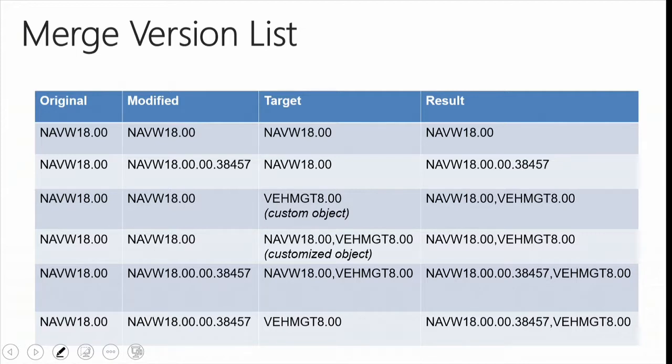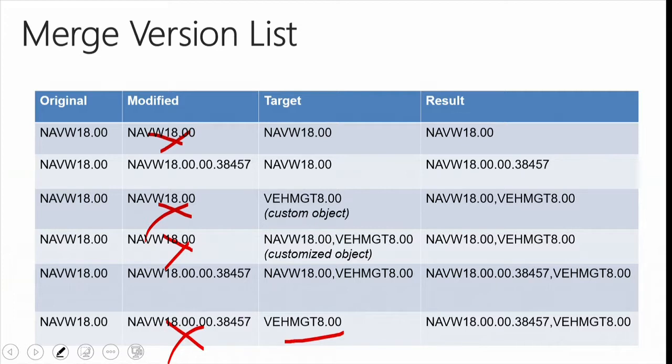Since we filtered all the other folders to only contain the objects that were changed from the update, we are not really concerned with this, and this one. So of the three lines that are left, there's another one that we're not really concerned with, because it means that we got an object from Microsoft, and it modifies an object that we added. That is, of course, not possible. So this one is also not interesting. So there's two cases remaining here.